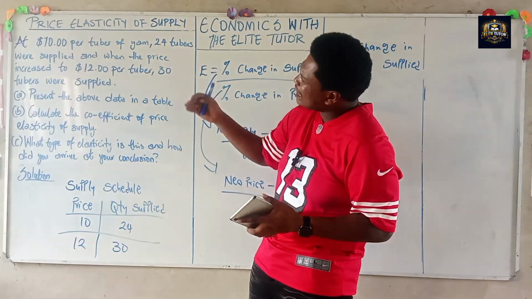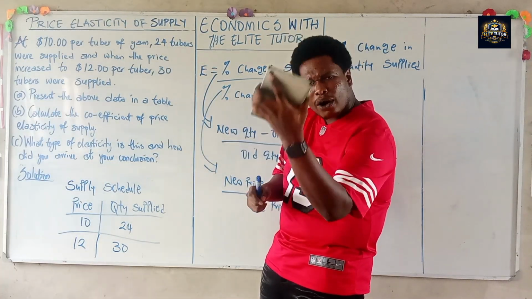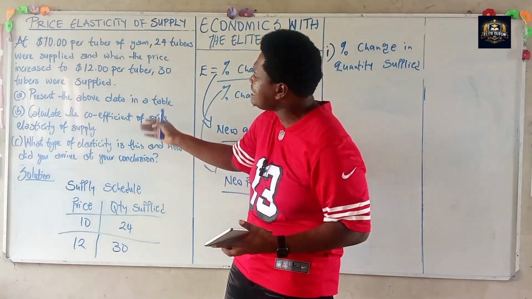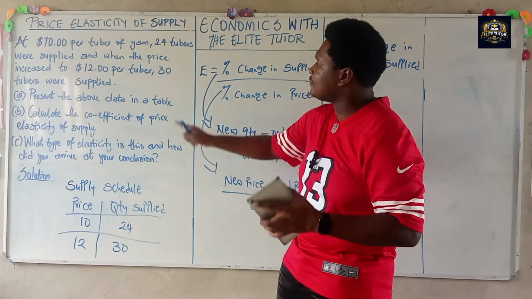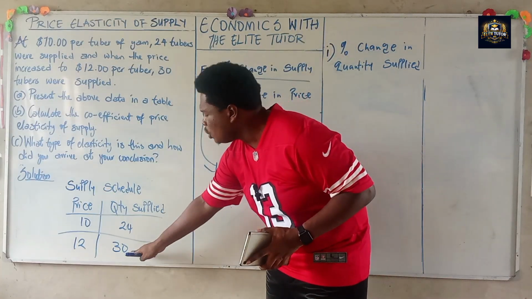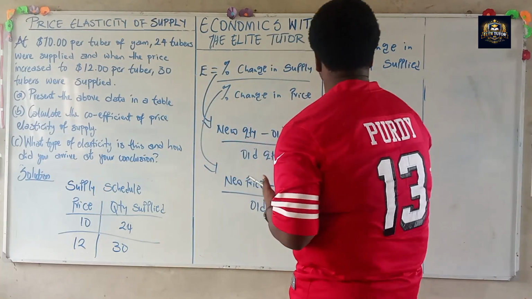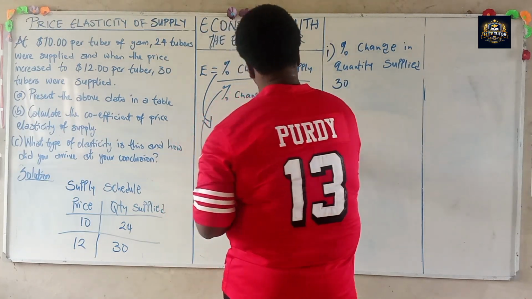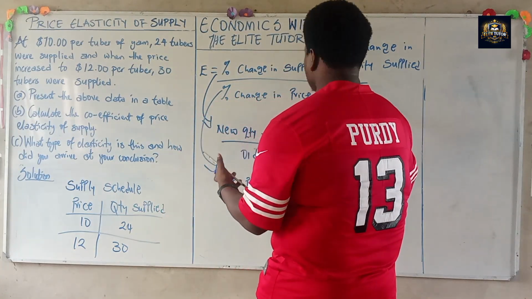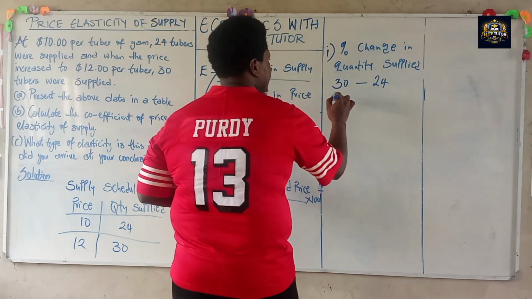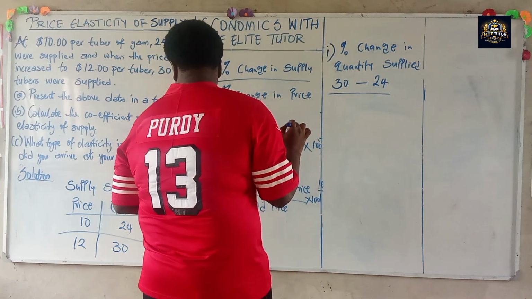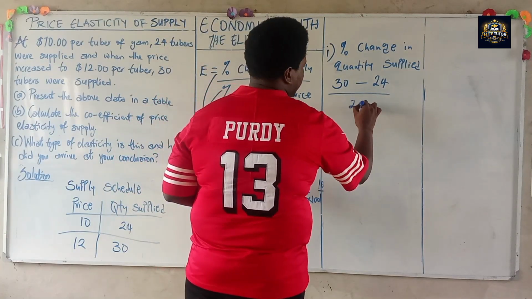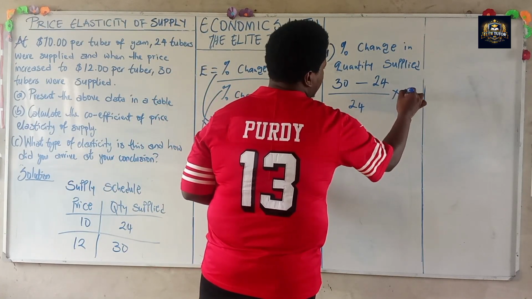Now the question went further that when price increased to 12, the equivalent current quantity is 30, because at 12 they supplied 30. So our new quantity here is 30. So we have 30, new quantity, minus old quantity, 30 minus 24, all divided by our old quantity, which is 24, multiplied by 100.